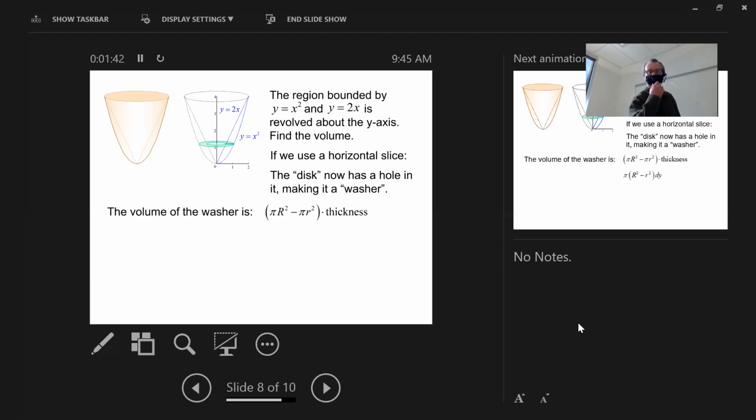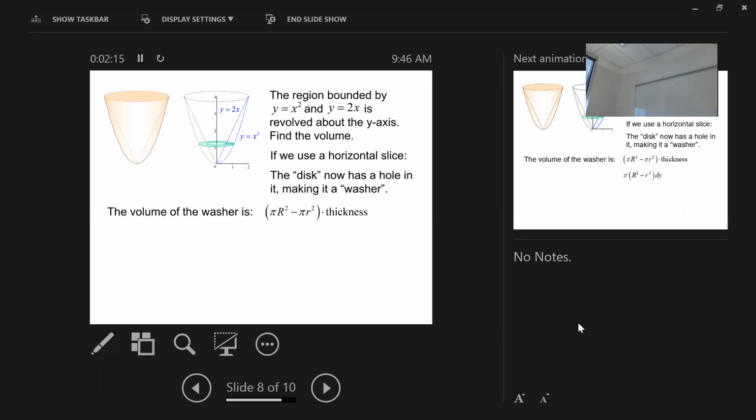So how do we do this? It's pi r squared, subtract pi little r squared. That's what you have in a washer, because a washer looks like this. Where this is big R. And if you did pi r squared, it would give you the surface area of that big picture.